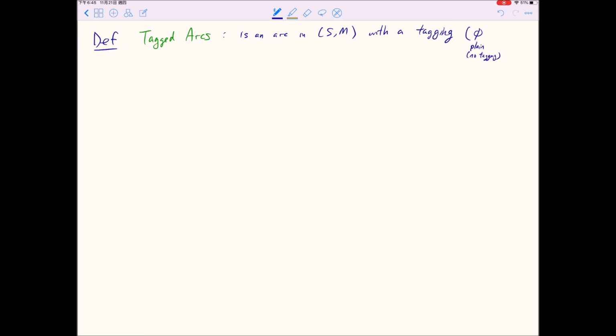So this will be the standard, I mean, you just do nothing, or you put a bow tie. The tagging should be put on each end of the arc, such that there are several conditions. The endpoints on the boundary should be tagged plain, so there should not be any tagging at endpoints lying on the boundary.